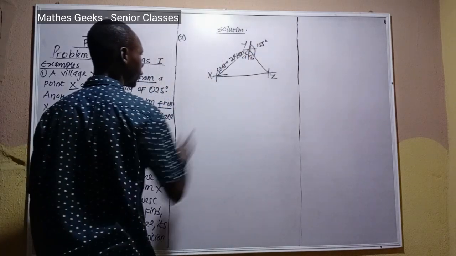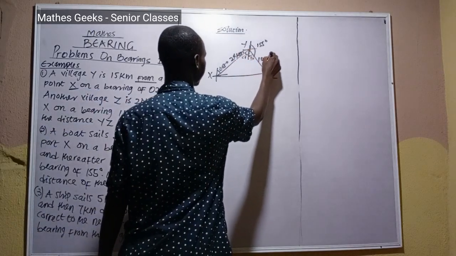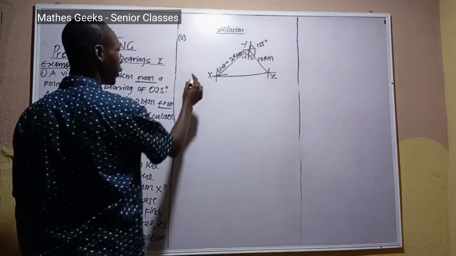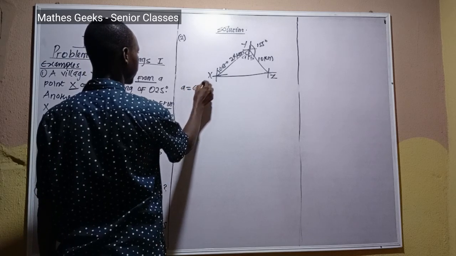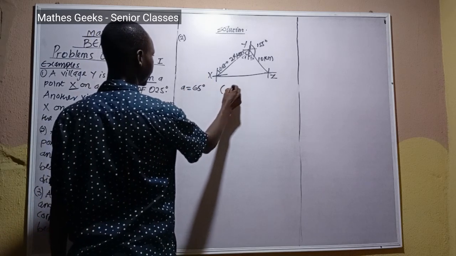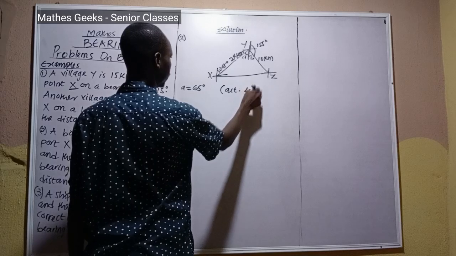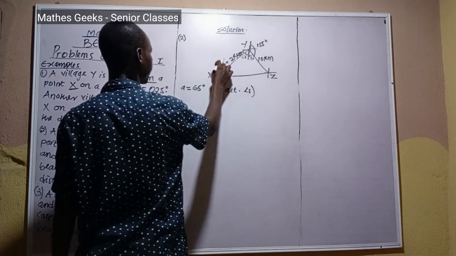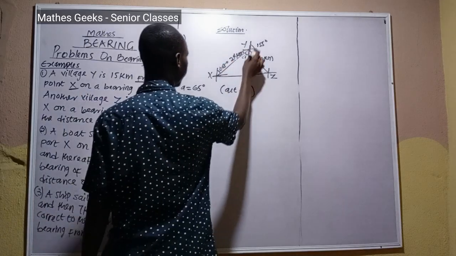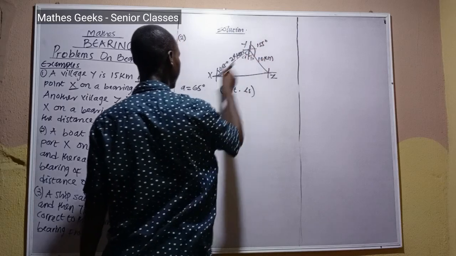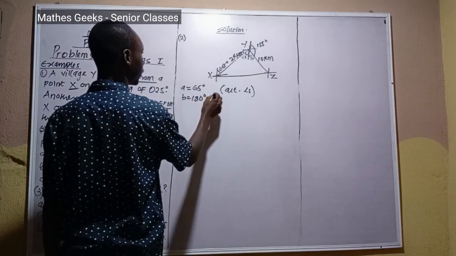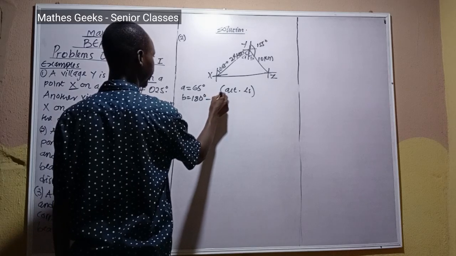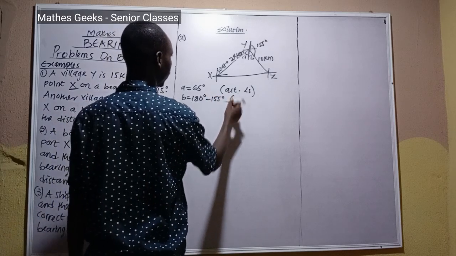Here's 10 kilometers. So angle A is equal to 65 degrees. Why? They are alternate angles, because A is alternate to 65 degrees here. What about B? B is gotten from angles on a straight line. B is equal to 180 degrees minus 155 degrees. Why?